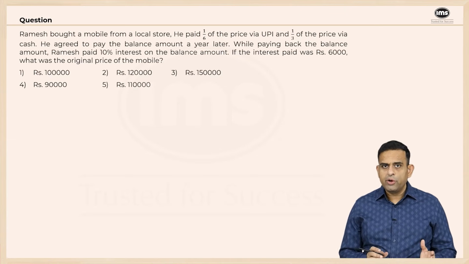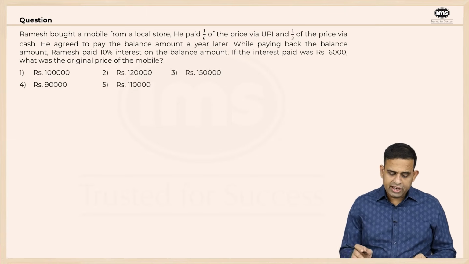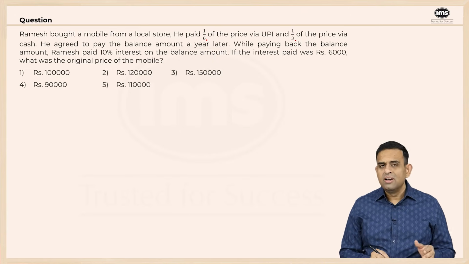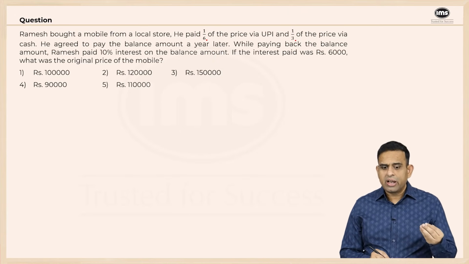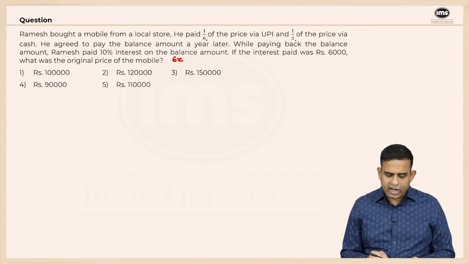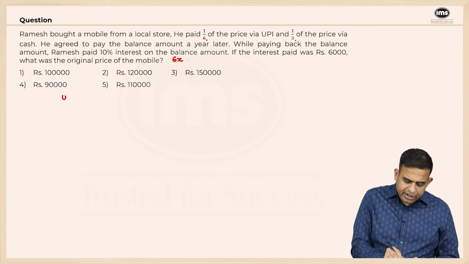Now understand what you can do. You can do multiple things in this particular case, because they have given the price being 1/6 and 1/3. You can take the original price of the mobile to be some number, let's say 6x for that matter. So how much payment out of 6x was made via UPI?